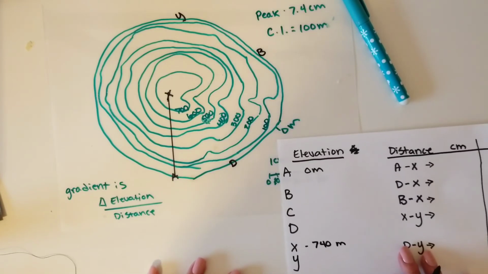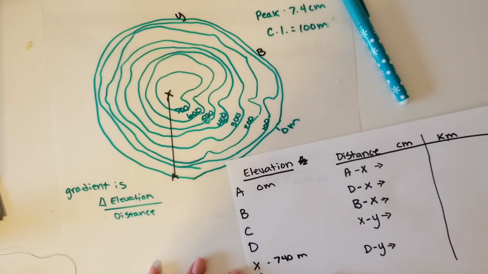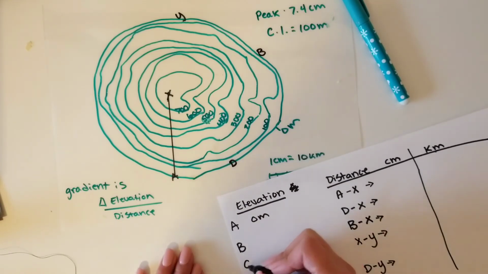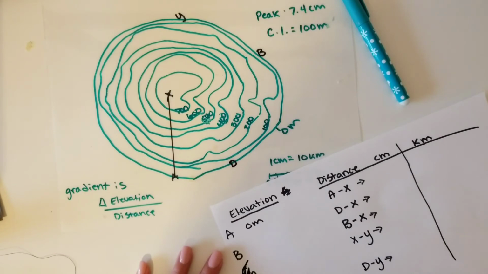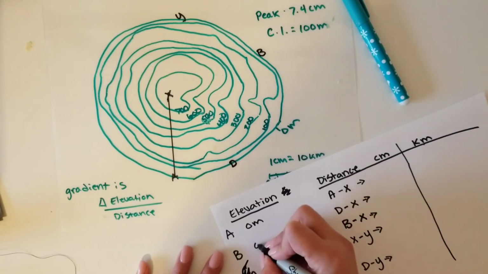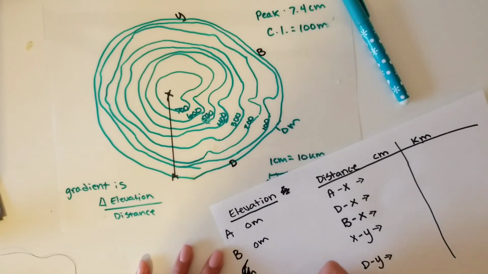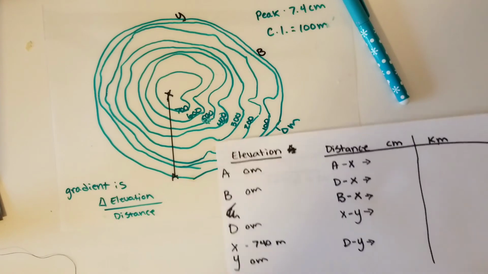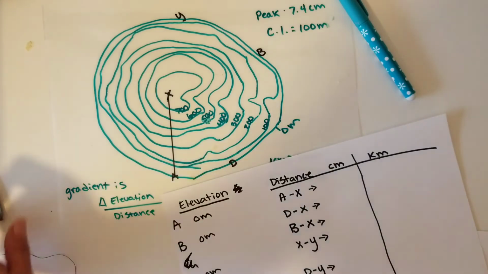Let's go look at these other lines. Luckily, all the other lines, oh, we don't even have a C. Oops. B, D, and Y are all 0 meters as well, so you're welcome for that. Keeping it nice and easy. Okay, so now we want to find the distance between A and X in centimeters.